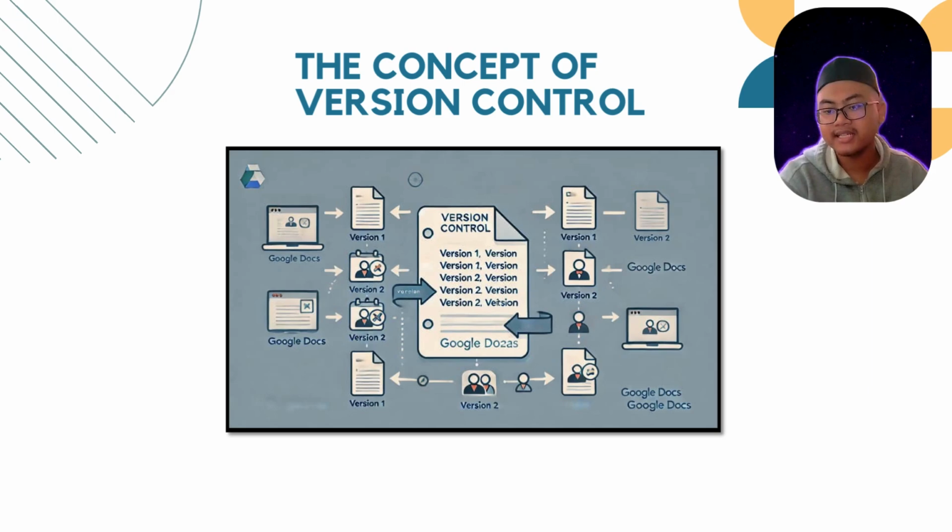The last point is detailed collaboration and record. Each version has a clear user identity to avoid confusion. If there are many people working on the same project, version control will record all the changes without causing conflict.